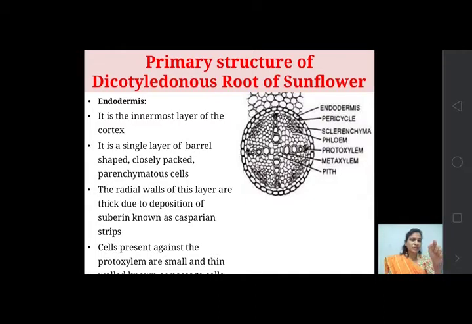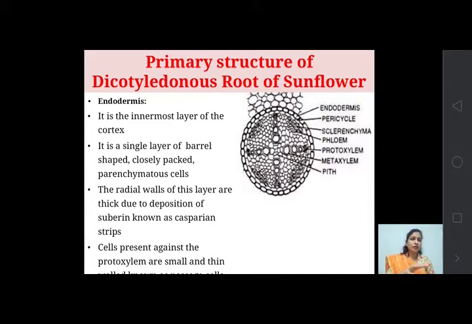Just after the cortex, there is a single layered membrane that is known as the endodermis. This endodermis is the demarcation line between the cortex and the vascular tissues, which differentiates the cortex and the vascular part.